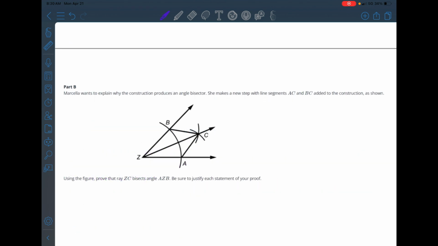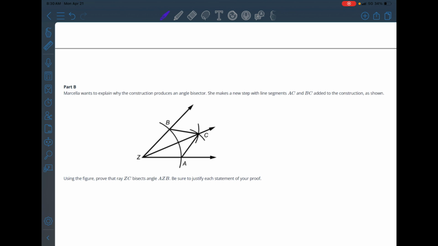Now Marcella wants to explain why the construction produces an angle bisector. She makes a new step with line segments AC and BC added to the construction as shown. Using the figure, prove that ray ZC bisects angle AZB. Be sure to justify each statement of your proof.